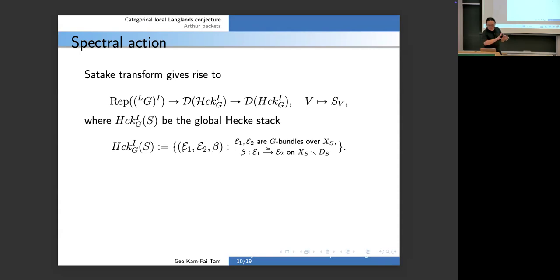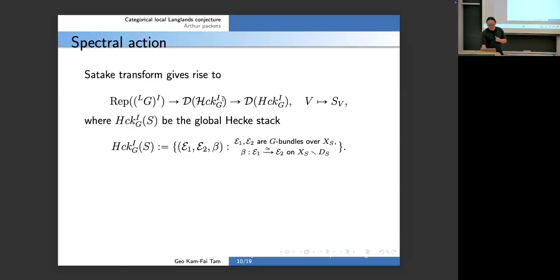So you have two G bundles, and this beta is an isomorphism that relates these two on the Fargues-Scholze curve, deleting a given divisor. So there's a natural map.